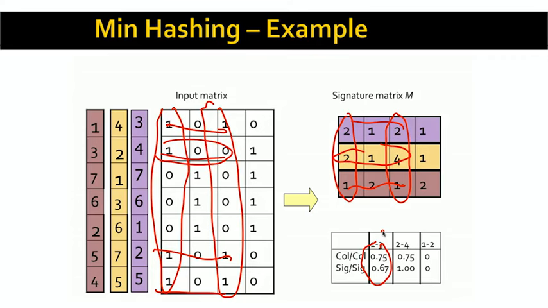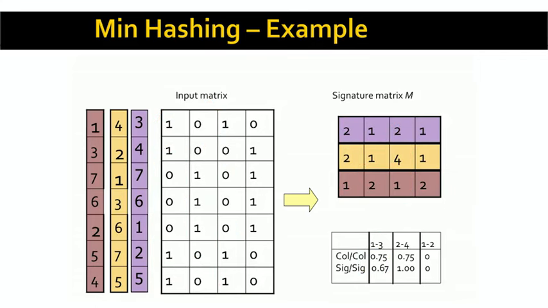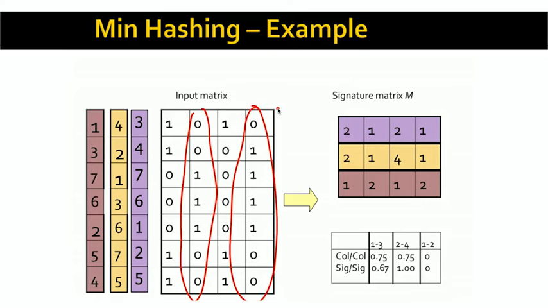If we look at columns 2 and 4, we again find the Jaccard similarity is 3/4, but here the similarity of the signatures is 1. They are, in fact, identical in all three components.